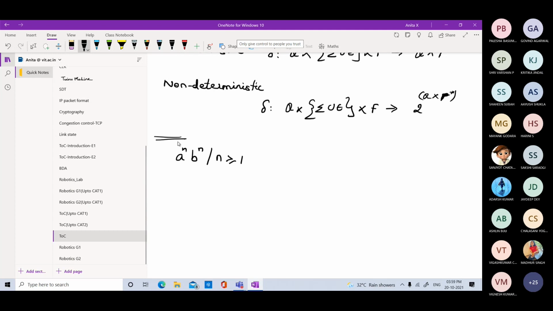Here, what is the thing? a^n b^n. Can you design a finite automata to check this condition? Is it possible for us to design a finite automata to check this condition?